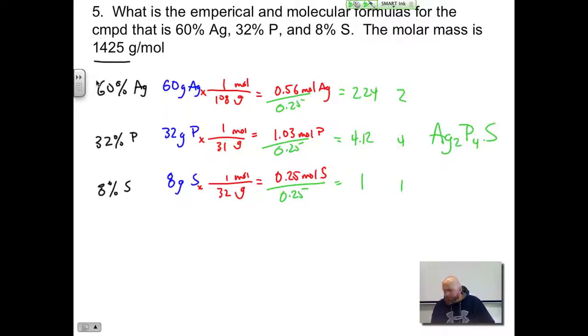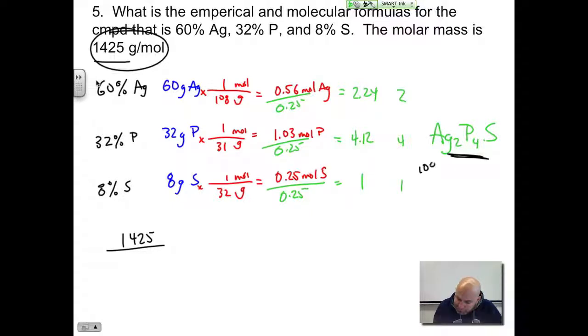Now, to determine the molecular formula, I take that given 1425, divide that by my empirical formula mass. Silver is 108, and I have 2 of them. Add that to phosphorus, which is 31, and I have 4 of them. Add that to 32.